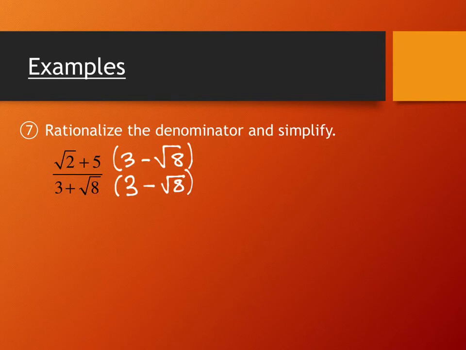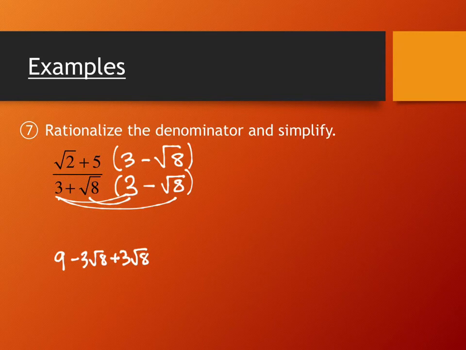So I've got a binomial times a binomial in the denominator, right? So I can FOIL. So if I do my first terms, that's going to give me 9. If I do my outer terms, I've got negative 3 square root 8. And notice what happens when I do my inner term. They cancel, right? The outer and the inner terms cancel.